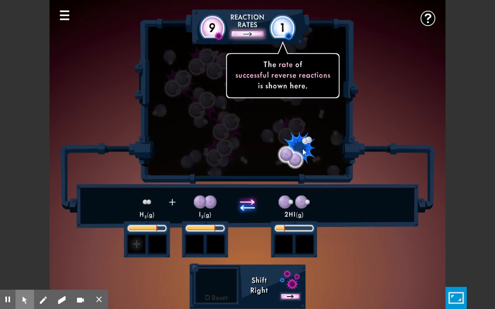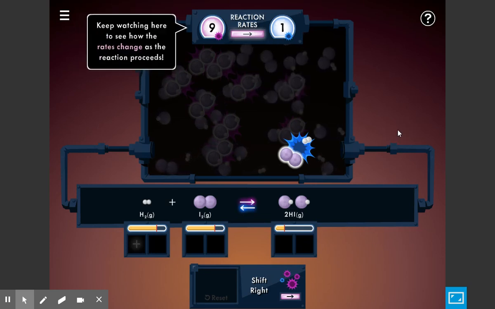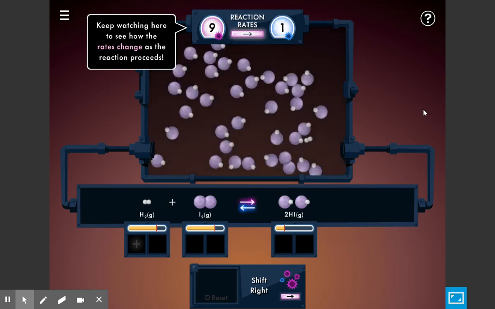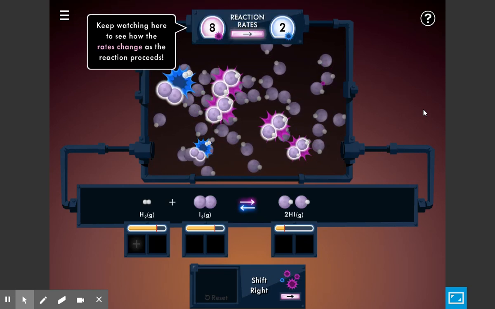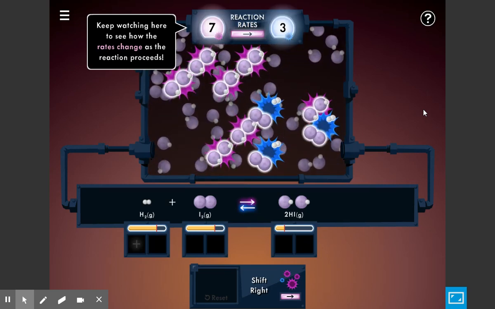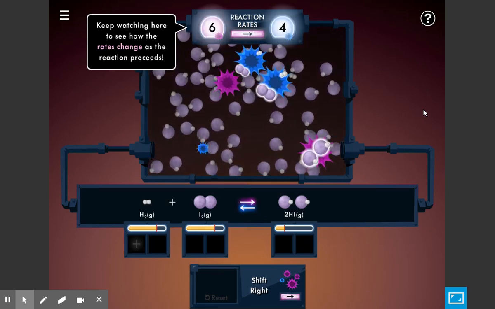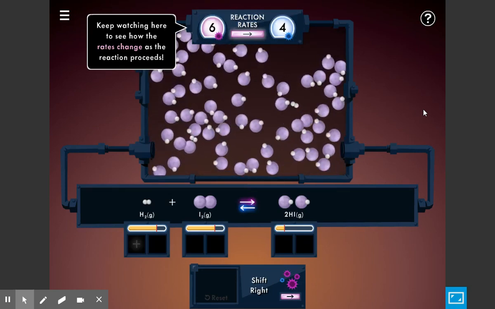Since this happened once, they now have labeled that as a 1 on the rate for successful reverse reactions. And we're going to continue watching as the collisions occur. You see there's a mix of blue and purple or pink.